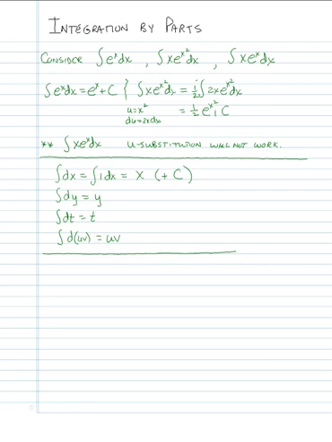Here's what we know. Suppose we have a product of functions u and v. And let's suppose that we're asked to take the derivative of that product with respect to v. So we're taking the derivative of u times v with respect to v. Of course, u and v are functions.